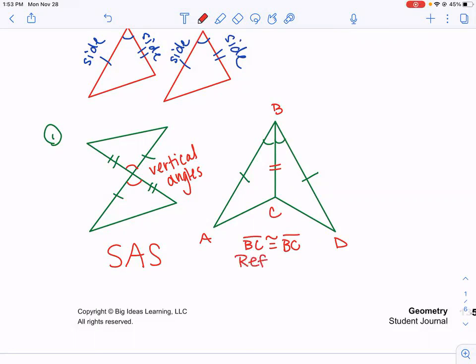Reflexive. So these two are congruent by side angle side. Obviously, we know BC is congruent to BC, but it's not marked in my picture. So if I'm writing a proof that these two are congruent, since it's not given, I'm going to need to write BC is congruent to BC because of the reflexive property.